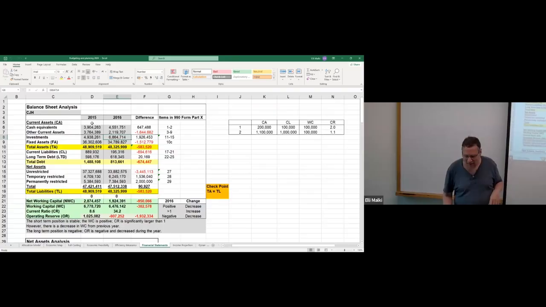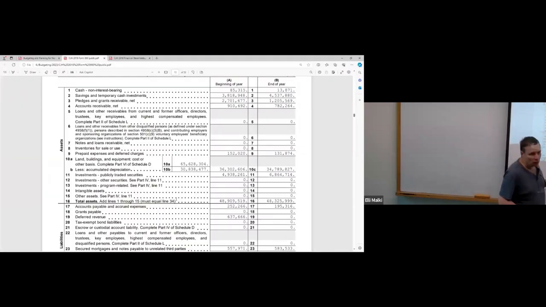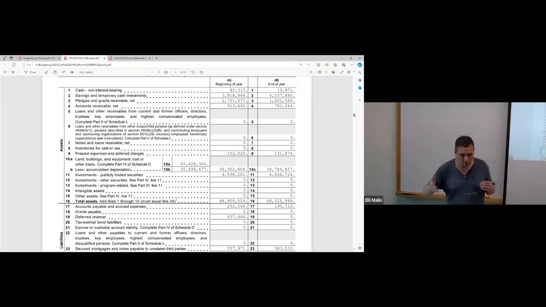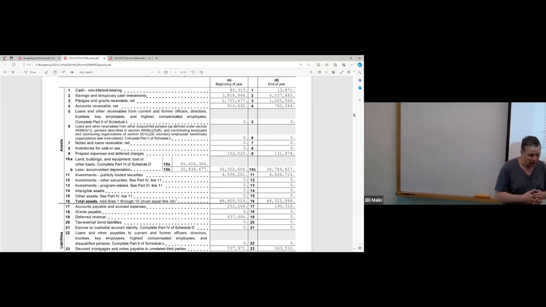So investment appears as a separate line. Then we have the line fixed assets with a reference to line 10C. Here we have to give some explanation. Until now, all the assets that we have discussed were financial assets: cash, receivables, which is cash that we are about to receive in the coming year, and investments.